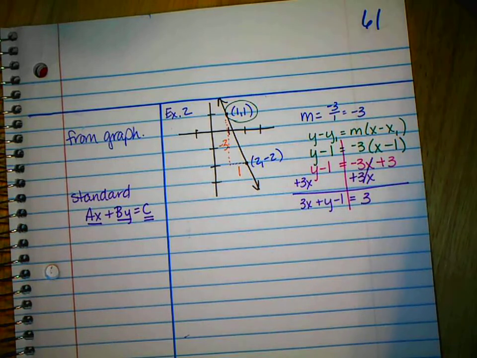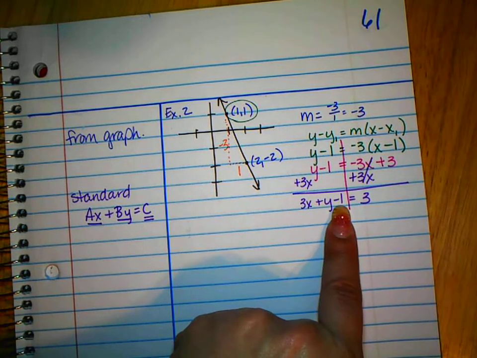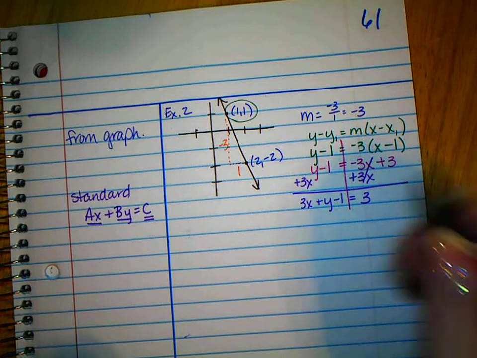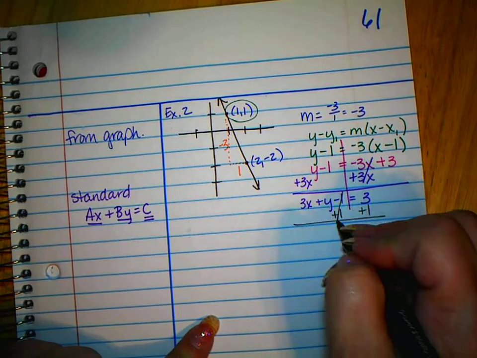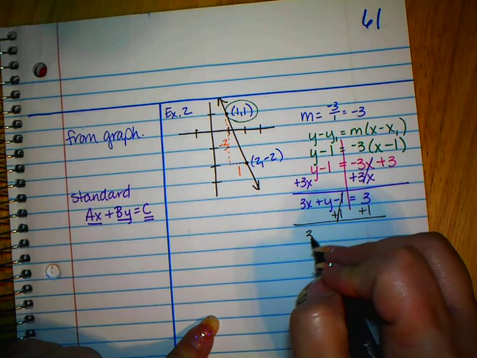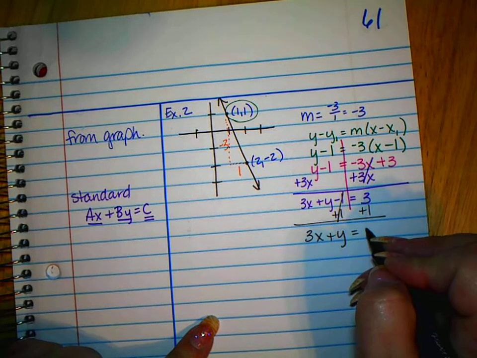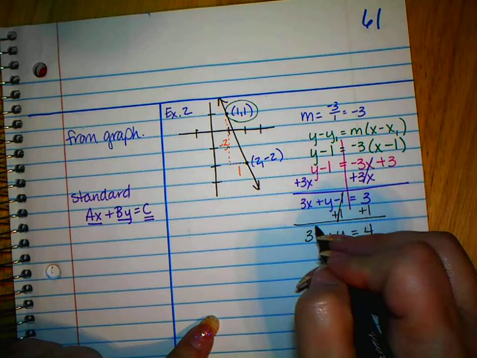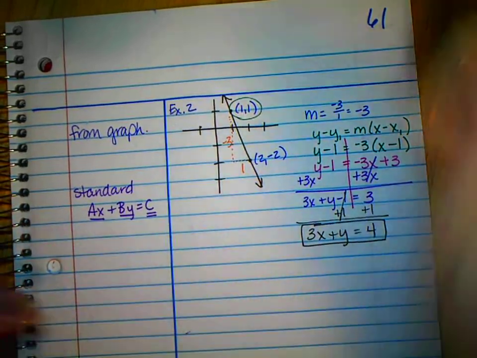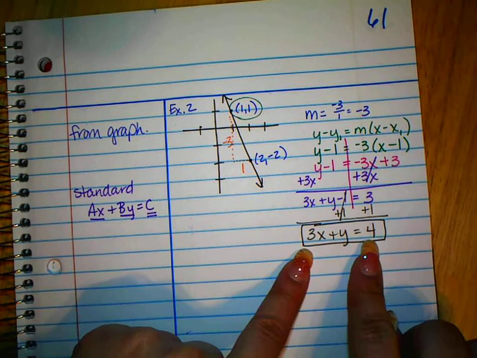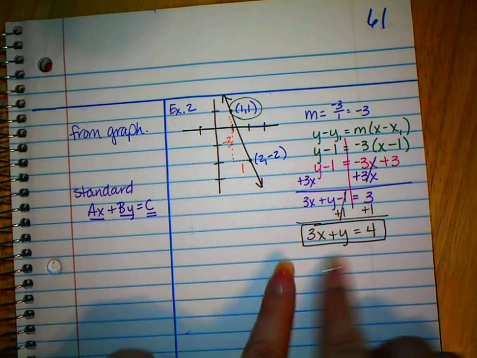Now the only thing I have to worry about now is that minus 1. It needs to go to the other side. Well, I can do that by adding 1 on both sides. That goes away, leaves me 3x plus y equals 4. I have integers. I have x and y together.